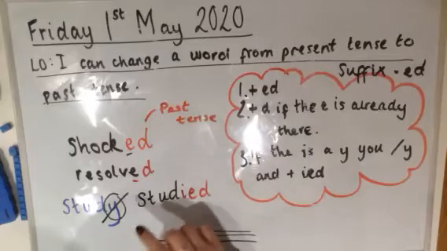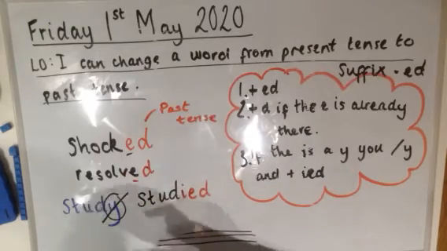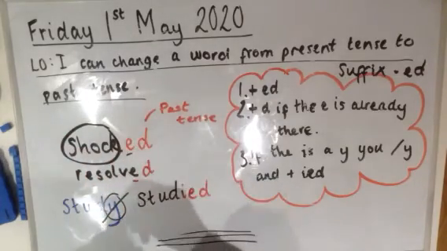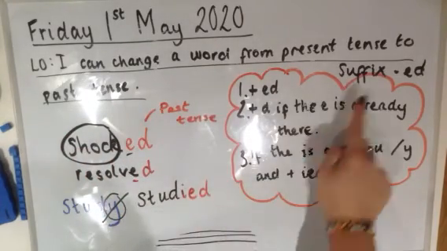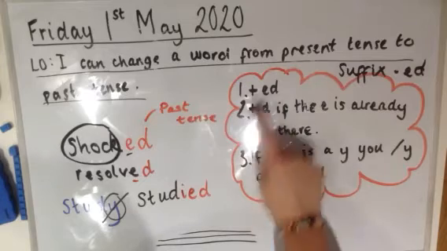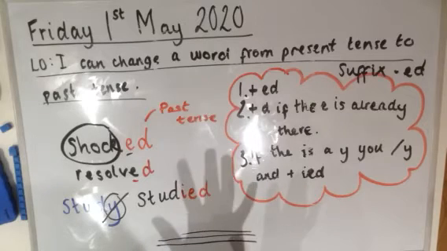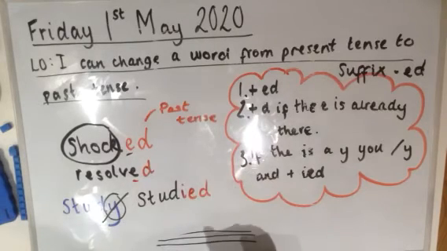Okay, I'm going to give you a list of words, the root words. So I'm going to give you words like shock, and I want you to make them into past tense using our suffix ed, thinking about which rule you need to apply to the word to make it in the past tense. Okay? Then, for an extra challenge, you can try and write that word into a sentence. Okay? Good luck, and I can't wait to see your work soon.